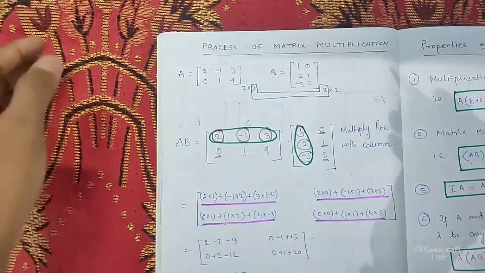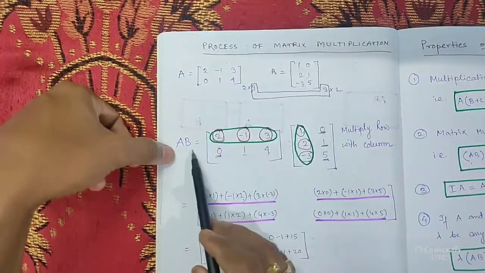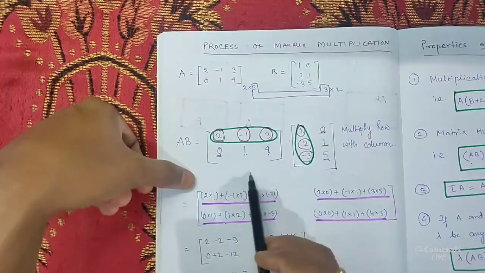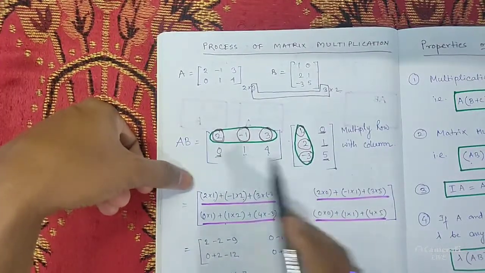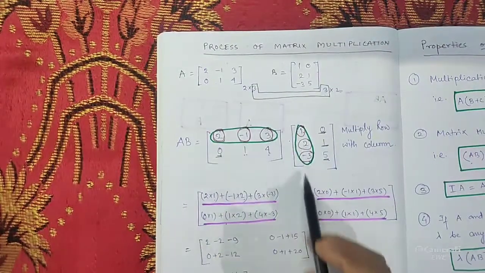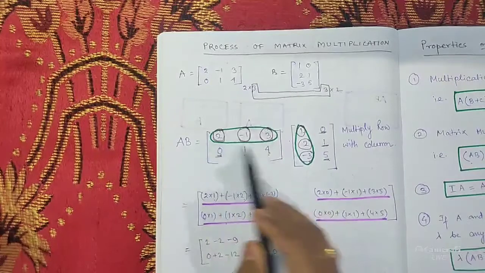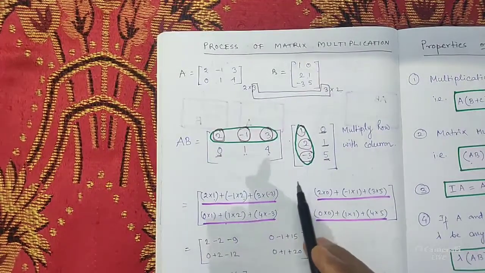Now how do we multiply? If we have to find AB, first you have to write the A matrix, then the B matrix. We have to multiply row with column. A row of the first matrix will be multiplied with a column of the second matrix.